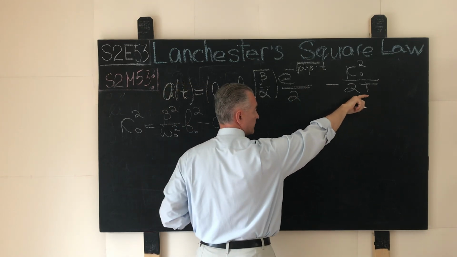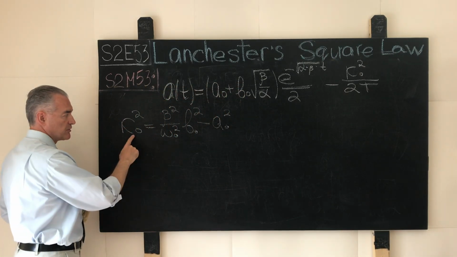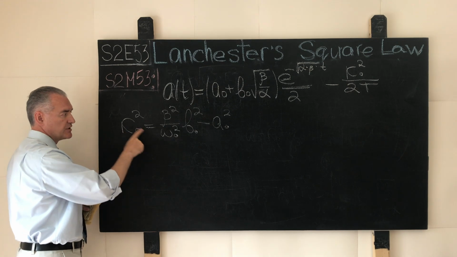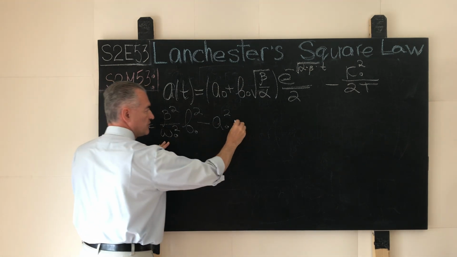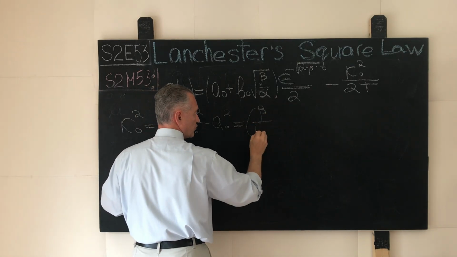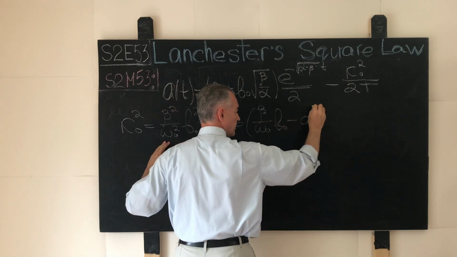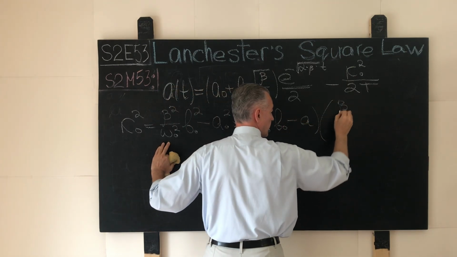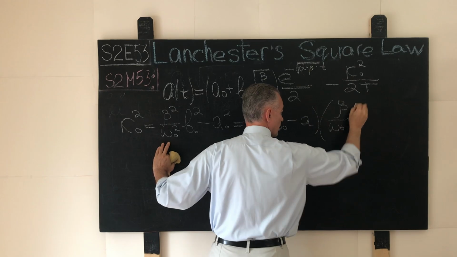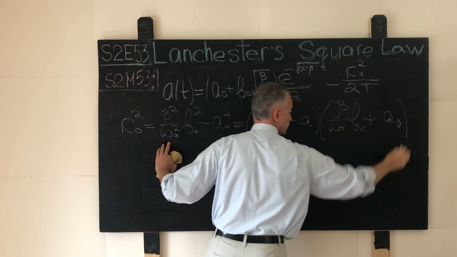Now we just have to spell out this second summand over here. This is trivial. Remember that I designated k0 squared as a difference of squares, and that difference of squares can be represented which way? Beta over omega 0 b0 minus a0 times beta over omega 0 b0 plus a0.